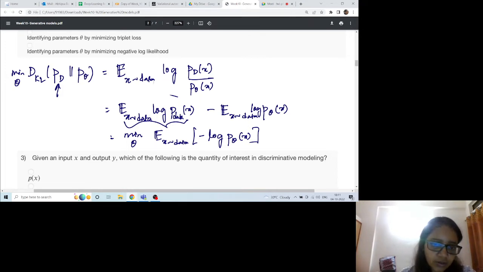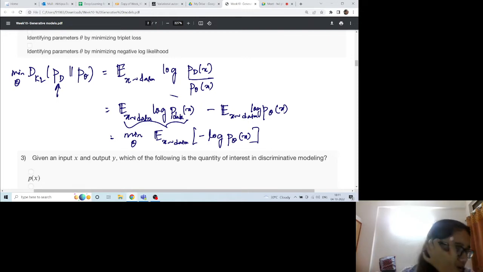Here also, your data distribution is not known to you, so what you can do at this point is, you have been given some n samples, just do the expectation over those n samples. This is how we approximate this expectation. So this becomes the expectation of log of p data of x minus again the expectation of log of p theta of x.